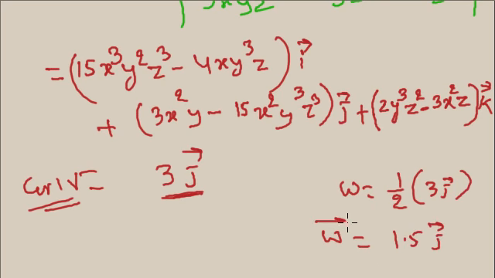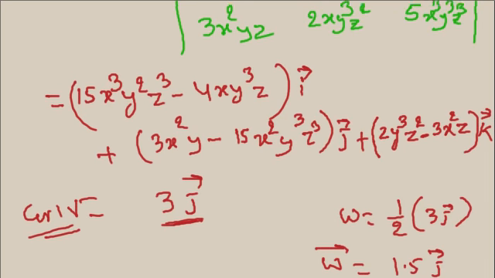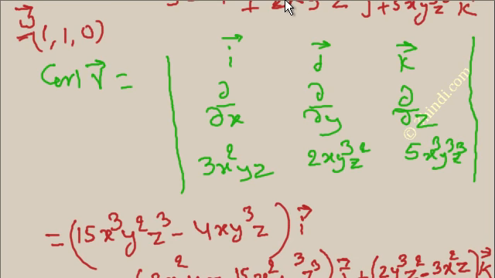Omega is a vector and it is represented by 1.5j at the point (1, 1, 0). So you must remember how to find the curl of v and how to find the angular velocity omega. To find the angular velocity, you just divide curl of v by 2.